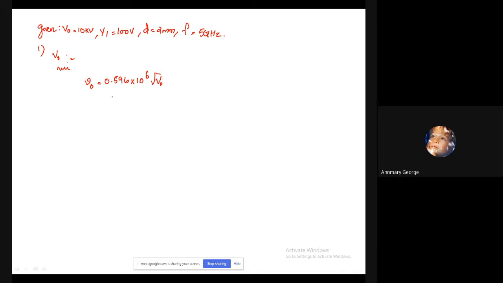Just substitute the value of V0 in this equation and solve for the uniform velocity v0.